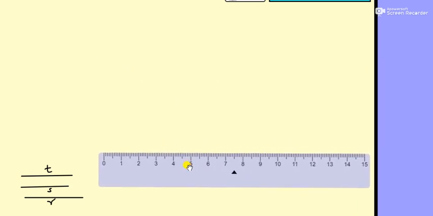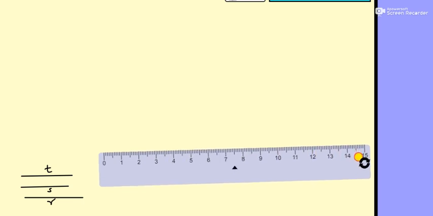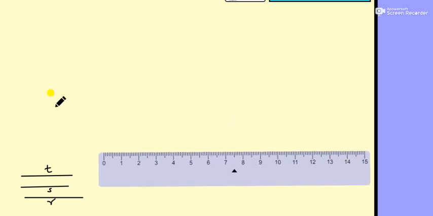Here we can draw a line segment, and we don't know the length. So first of all, draw this line segment that is 8 centimeters.